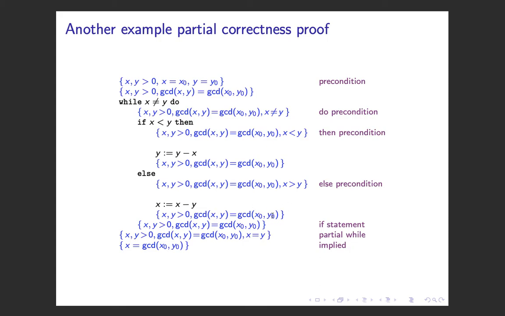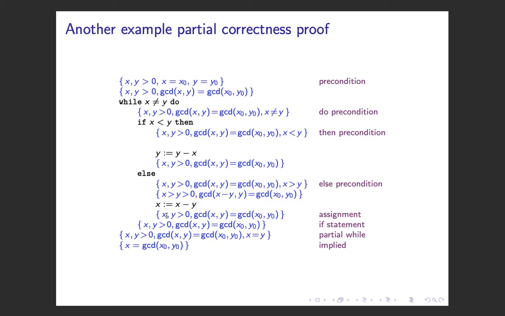Right, so now we need to justify this statement, and we've got an assignment statement above it, so this is automatic. We now just substitute x minus y for the variable x. So if we substitute x minus y for the variable x in here, we get that x minus y and y are greater than 0. If x minus y is greater than 0, that's saying that x is greater than y.